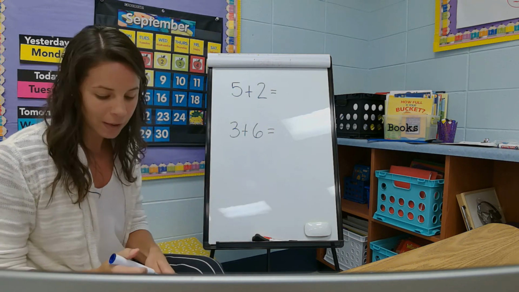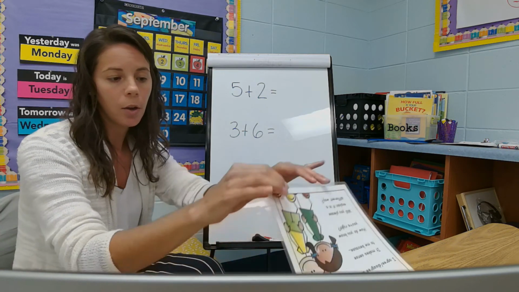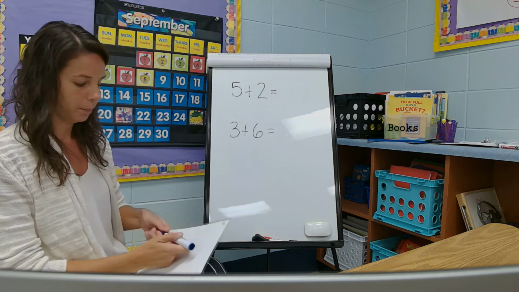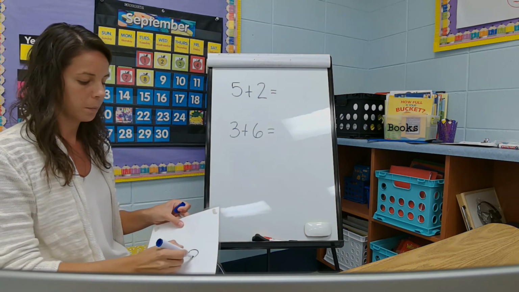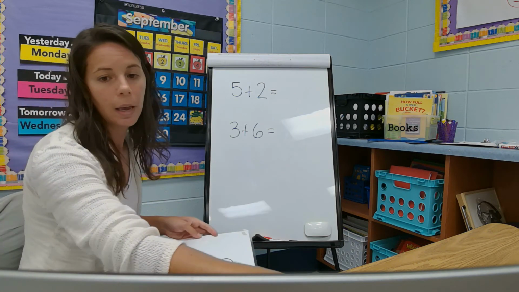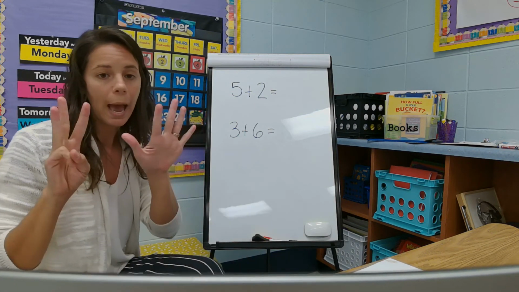Go ahead and solve it however you would like. And then put your number on your board and flash it to me. If you have your board and your marker. If you don't have your board and marker, you can just show me how many.